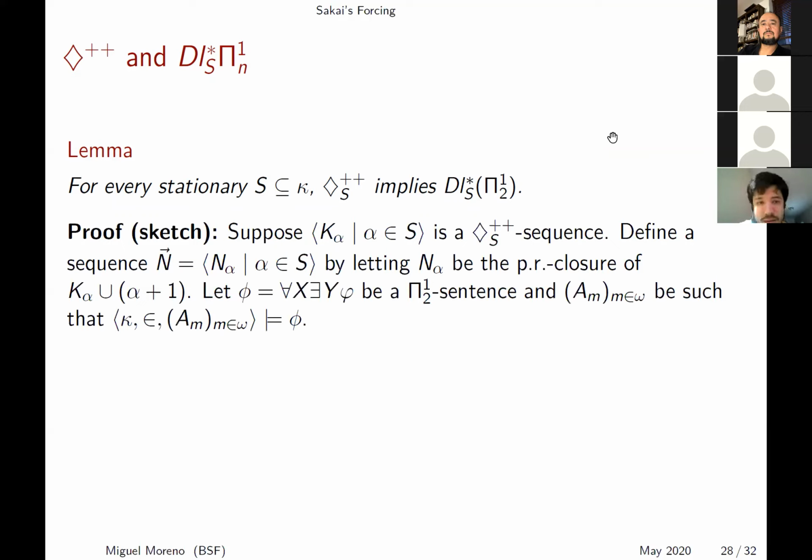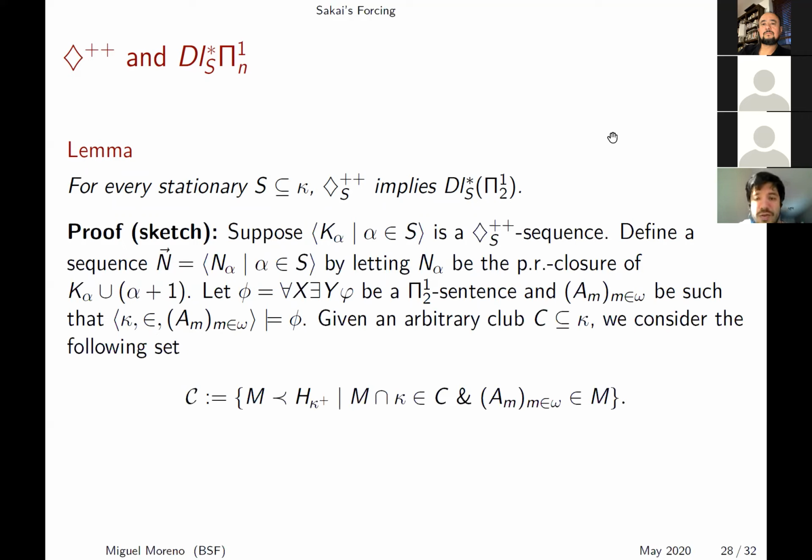So now take phi any Π^1_2 sentence and some predicates A, such that the model K with membership and the predicates believe phi.